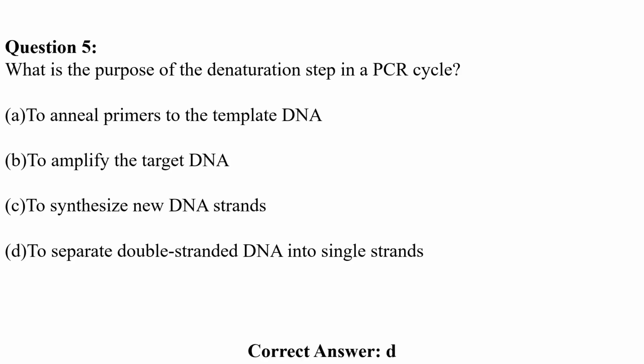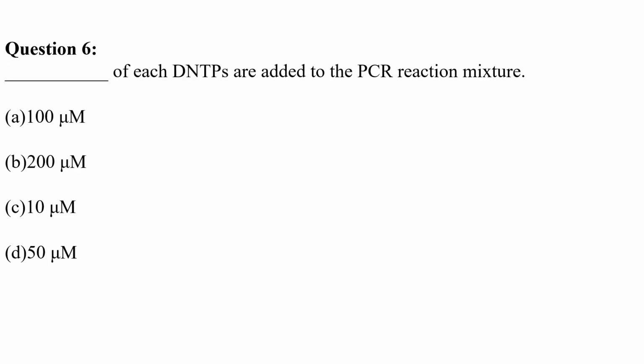So option D is the correct answer, to separate double stranded DNA into single strands. I hope that's clear to everyone. Okay, I'll now move to the next question, question number 6.